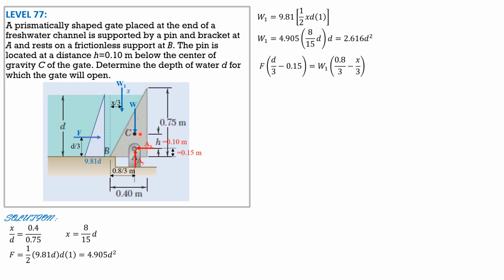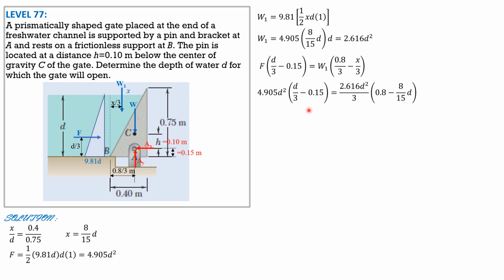Then since that's clockwise, the moment of weight 1 is counterclockwise, so minus weight 1, and this distance is 0.8 over 3 minus x over 3. So substitute the value of F: 4.905 d squared quantity d over 3 minus 0.15 equals W1 2.616 d squared, then factor out 3 in the denominator, so we have 0.8 minus x, and x is 8 over 15 d.